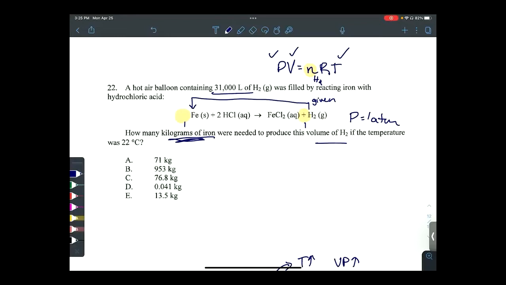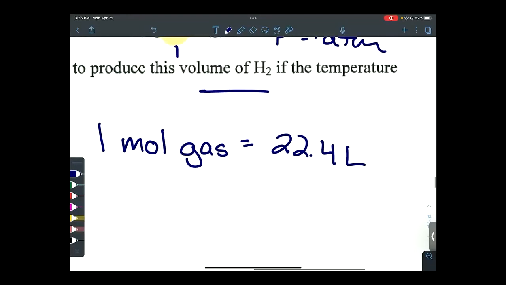So the question was, can we use the relationship 1 mole of any gas equals 22.4 liters? Where does that number come from?